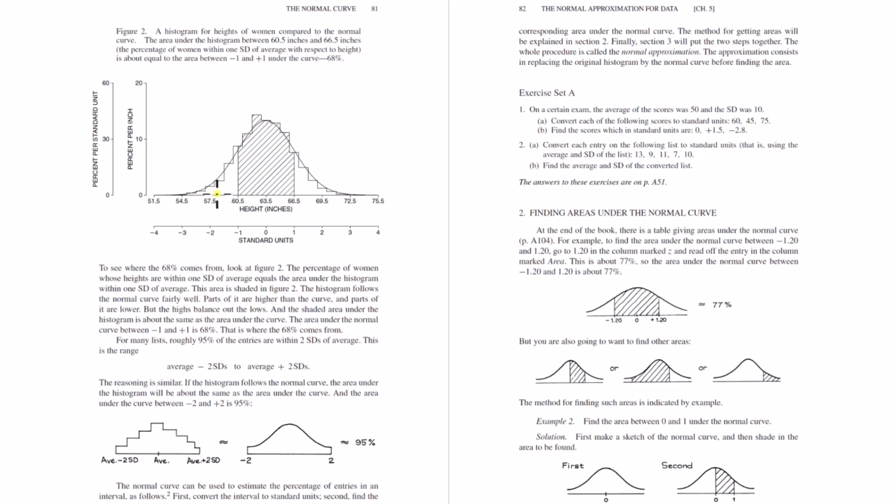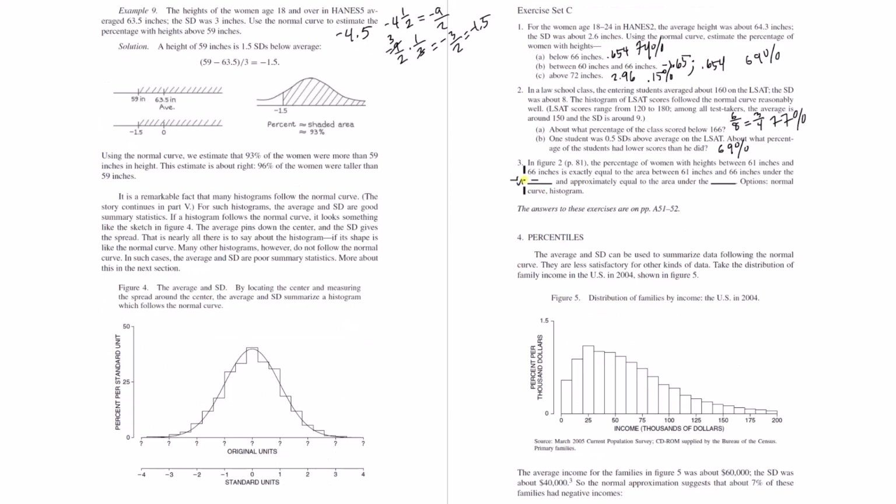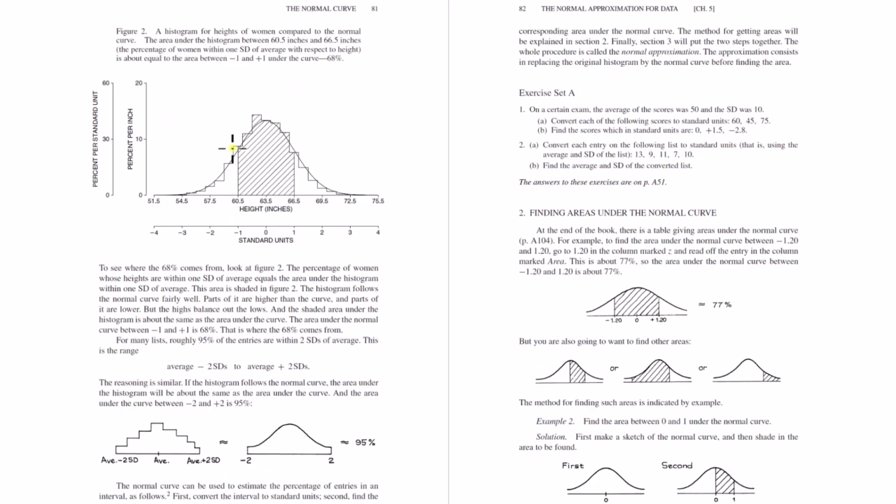Between 61 and 66 inches, this area is the area under the literal histogram. Okay, so histogram. And approximately equal to the area under the normal curve.